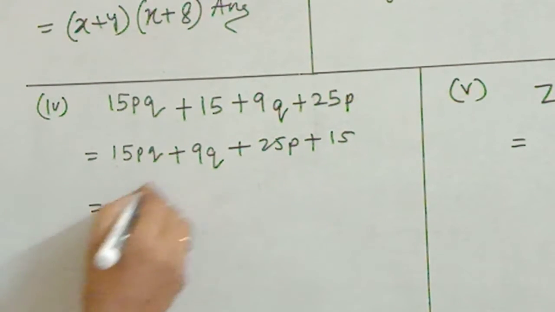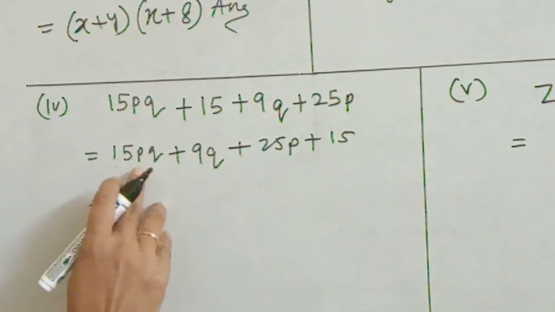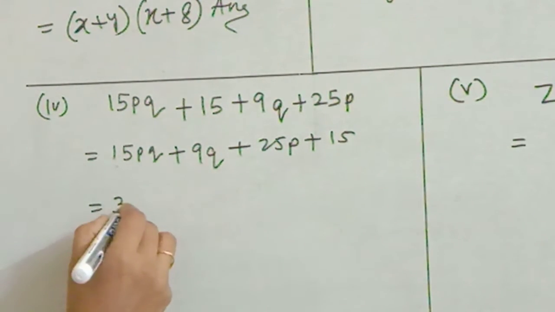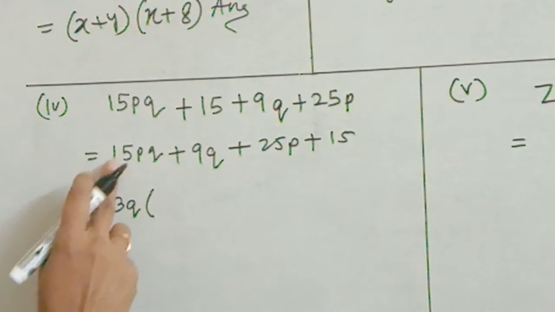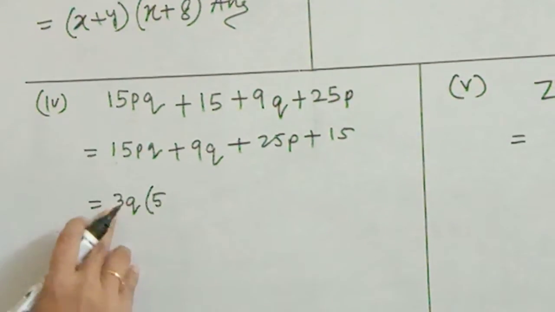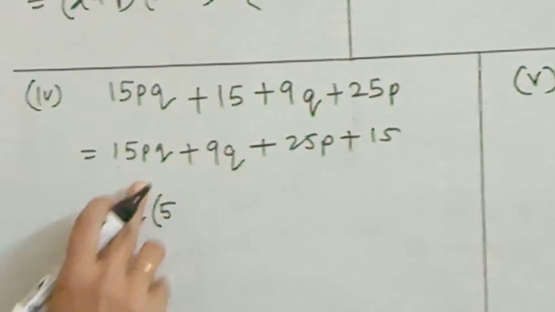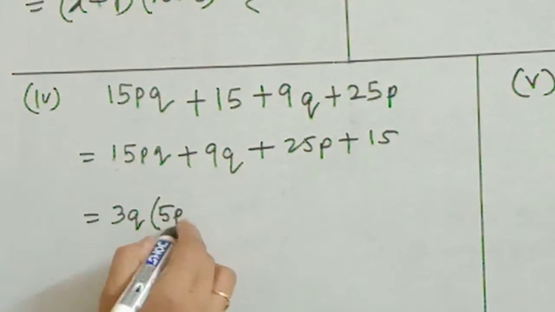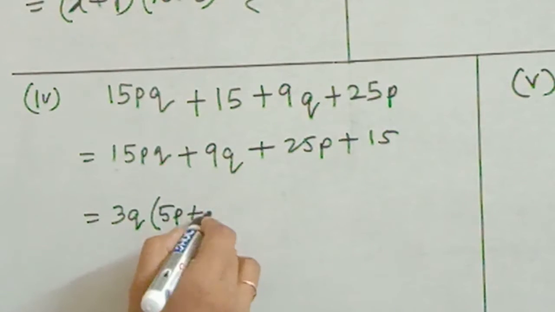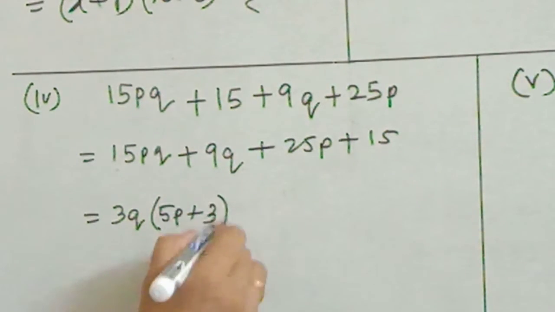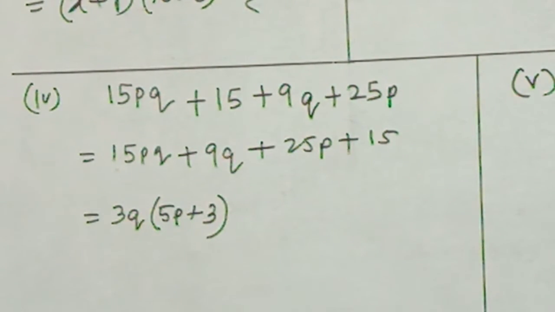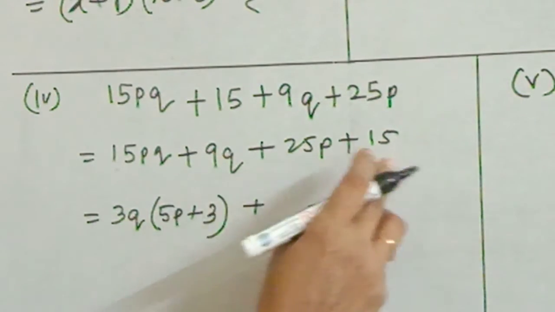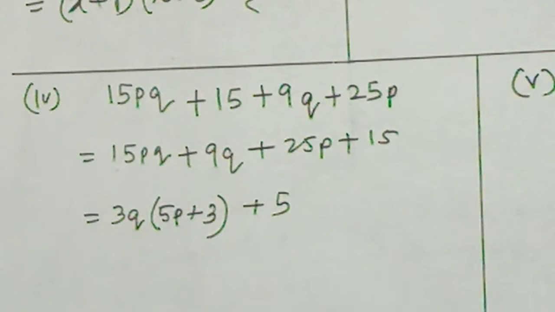So from 15 and 9 I can take 3 as common, p and q, q. So q I can take as common. Then 3 5s are 15, 1q I have taken, p is left here. So 5p. Then plus 3 3s are 9, q I have taken outside. So 5p plus 3q. Now from these two I can take 5 as common.